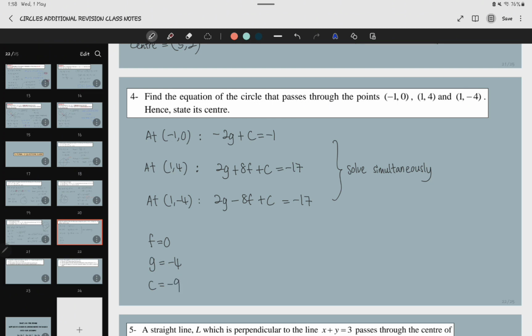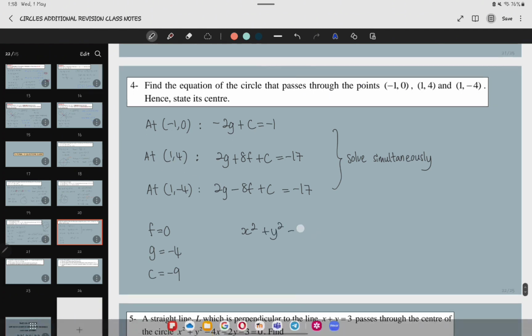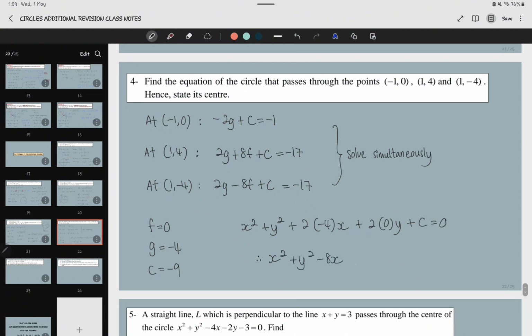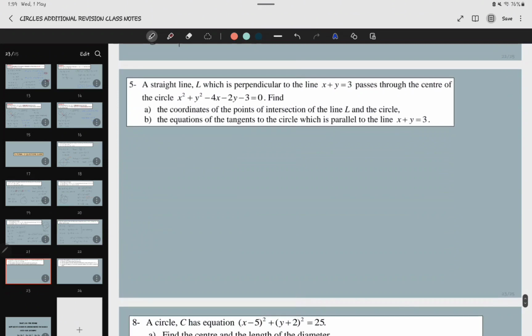But now the question wants the equation of the circle, so x squared plus y squared plus 2gx plus 2fy plus c equals 0. So your final answer should be x squared plus y squared minus 8x minus 9 equals 0. This is your final answer for the equation of the circle. Okay, for question number 5.